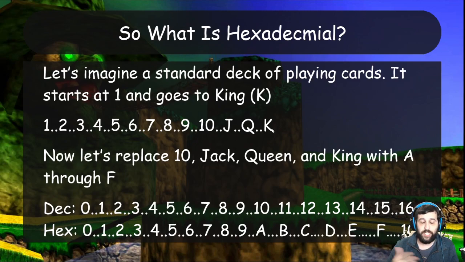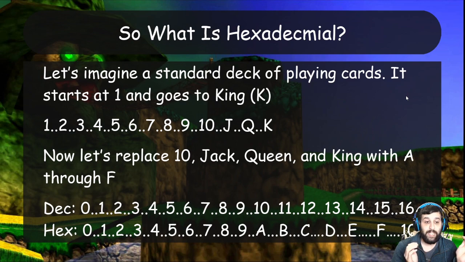But it's as close as I can get, so I'm just going to use this base deck set. So ace through king. But for hexadecimal, imagine we replace the jack, queen, and king with A, B, C, D, E, and F. So we have 10, 11, 12, 13, 14, 15.